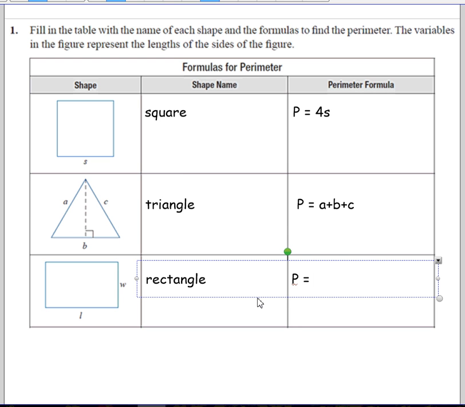And so to show that, we just say it's 2 times L. And then we're adding the left and the right side together, which are called widths, W, so we have 2 times W. So P equals 2L plus 2W for a rectangle. And again, key thing is remembering that in perimeter, it's a distance around and you're adding up all the sides.